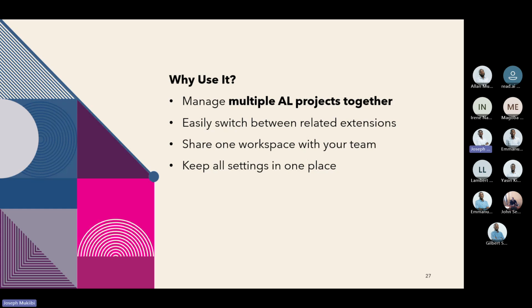In a workspace, you can define settings for a specific workspace rather than affecting your whole VS Code. Let me say you only want specific settings for a specific workspace, you can do that.